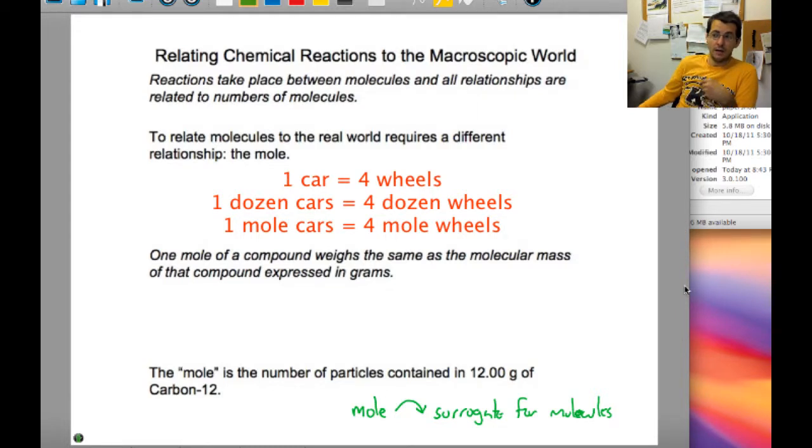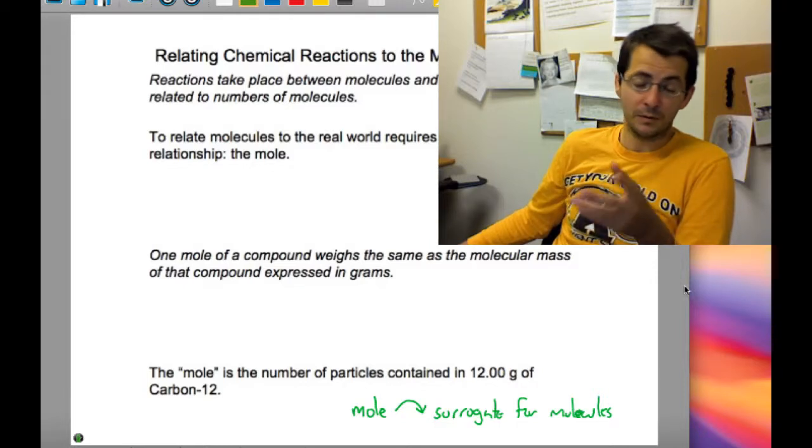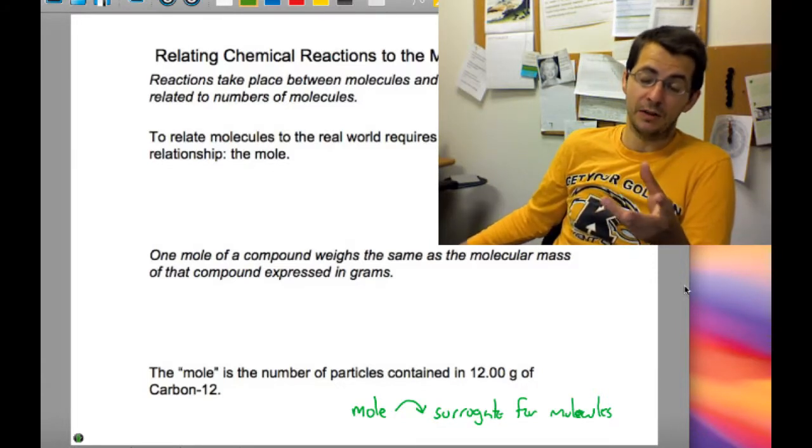So the use of the dozen as a counting number is just a surrogate for 1 to 4 in the case of the wheels. The ratio between the dozens in that case is still 1 to 4. The mole is no different. The mole is just a counting number associated with molecules, and all moles contain the same number of units.